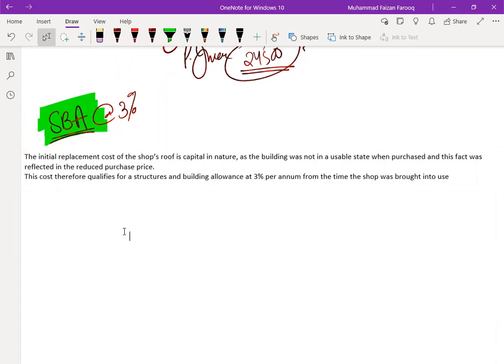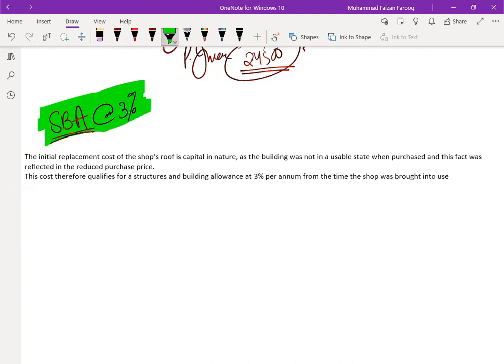Till now we did around 4 or 5 revision kit questions, and from my handouts not less than 10 questions. There was no scenario where the owner or the landlord bought a property in unusable condition or damaged. So that's why till now there is no implication of SBA.